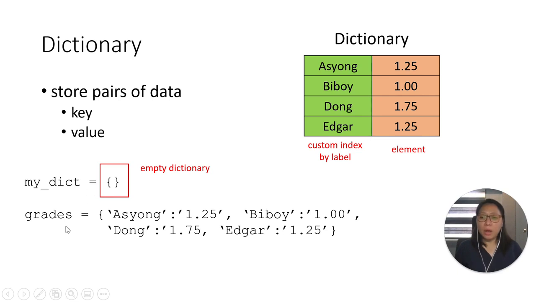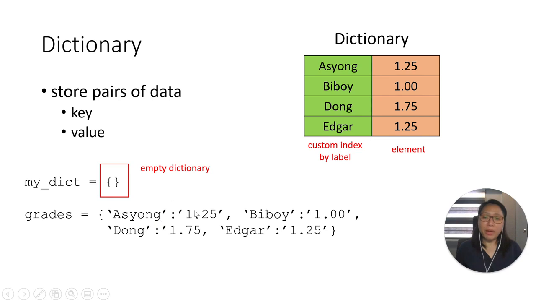And here, let's say we have the name grades, and we bind that name grades to a dictionary with the first element having a key Ashong, and then this colon denotes a key value pair.